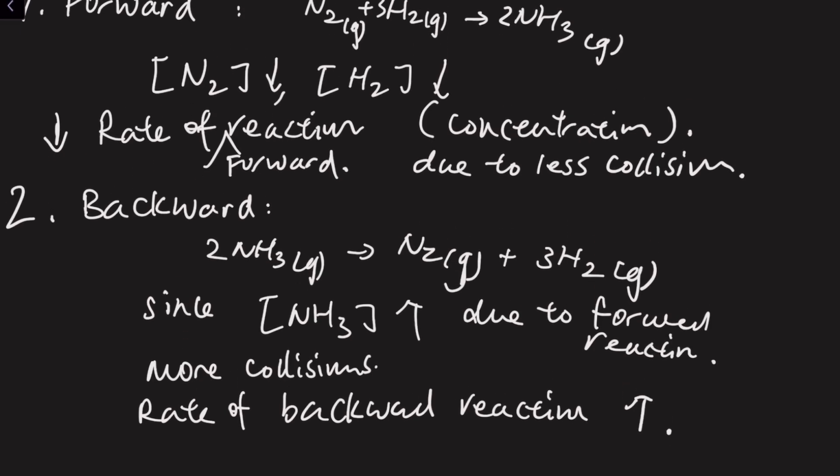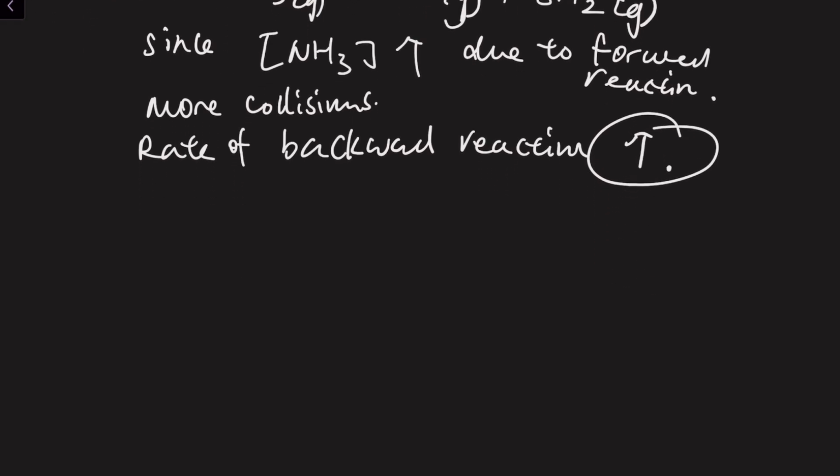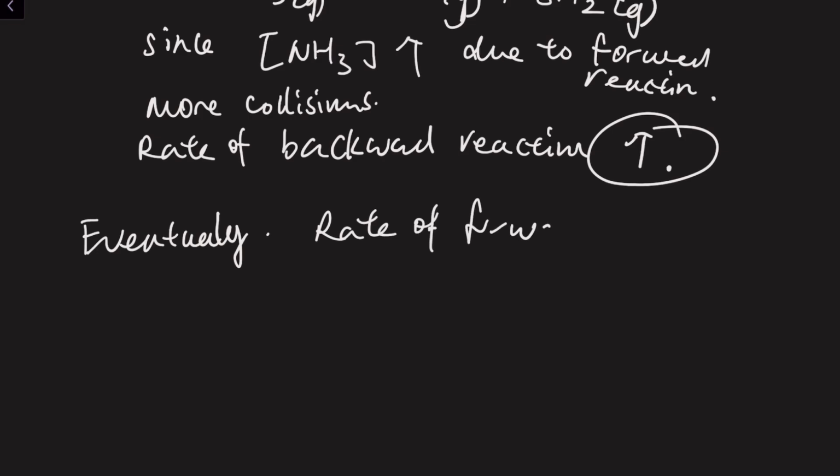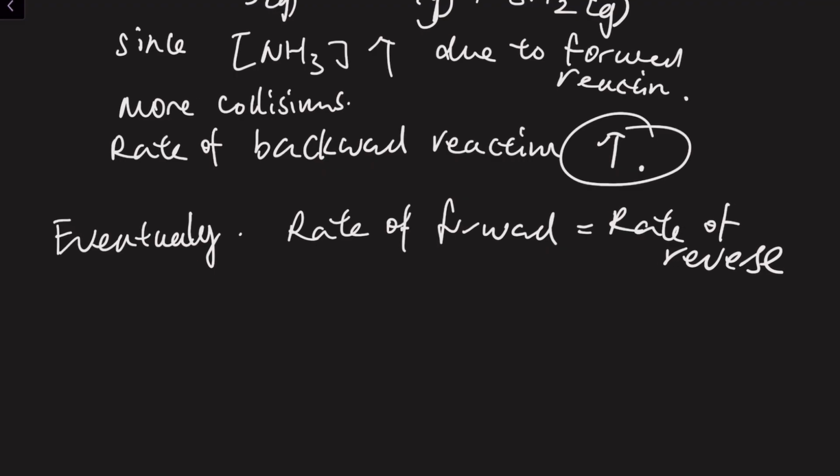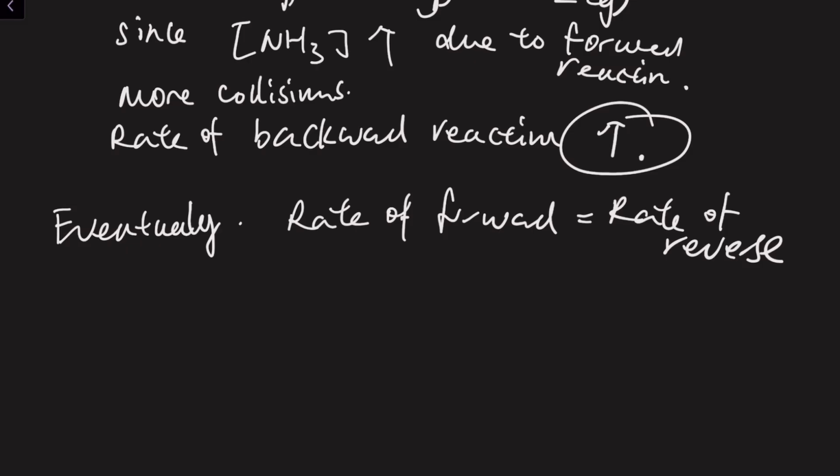We have an increase in the rate of backward reaction and a decrease in the rate of forward reaction. So eventually, the rate of forward reaction would equal the rate of the reverse, the backward reaction. So at this point, we reach equilibrium.